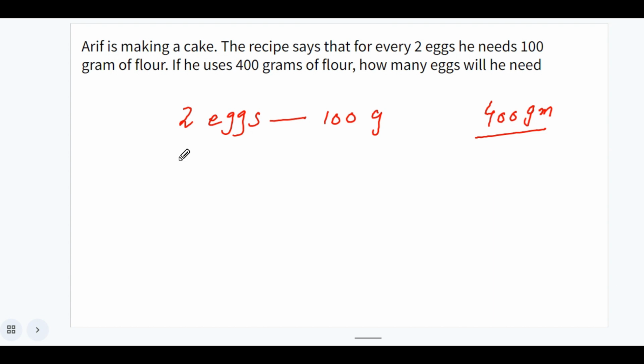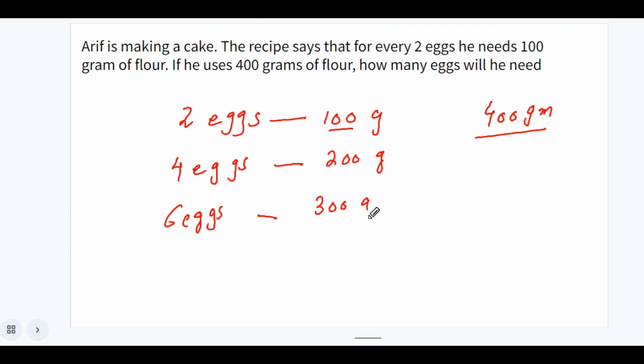So the next 2 eggs, meaning 4 eggs, will need how much flour? 100 plus 100, that is 200 grams of flour, right? Now the next 2 eggs, meaning 6 eggs, will need how much flour? 200 plus 100, that is 300 grams of flour.